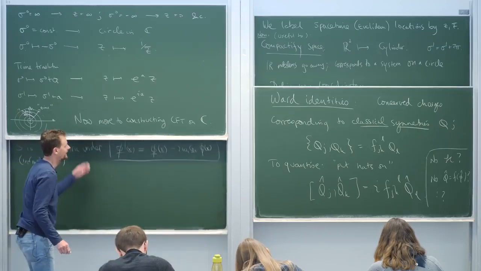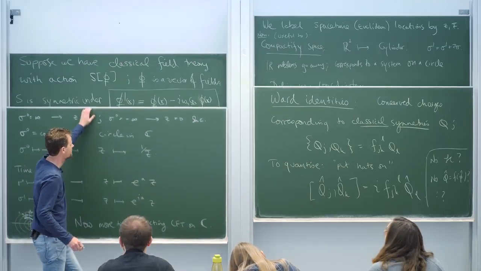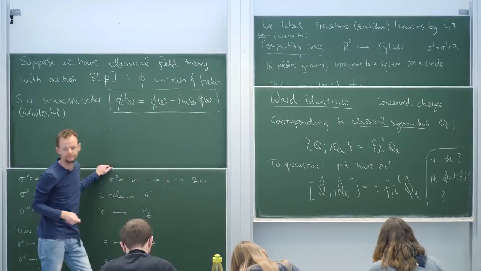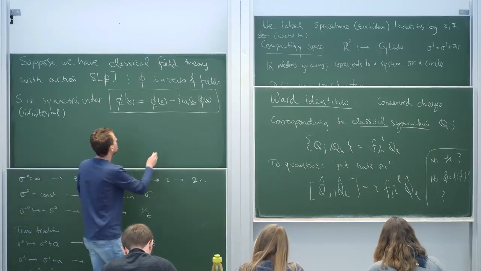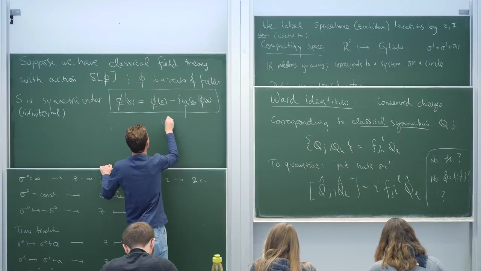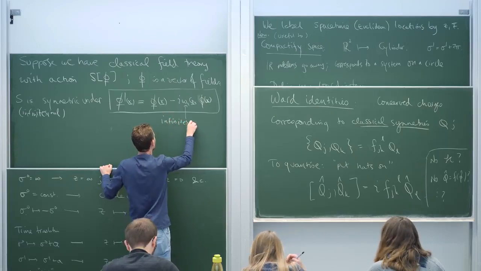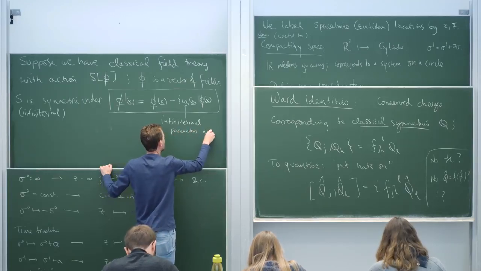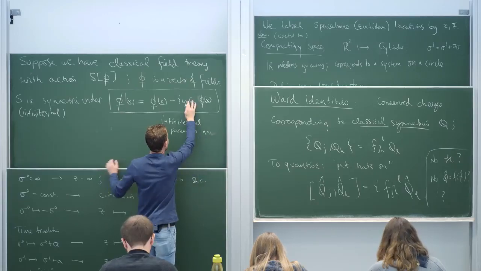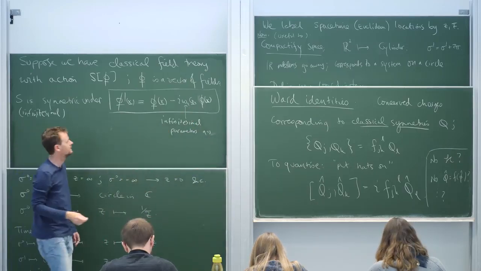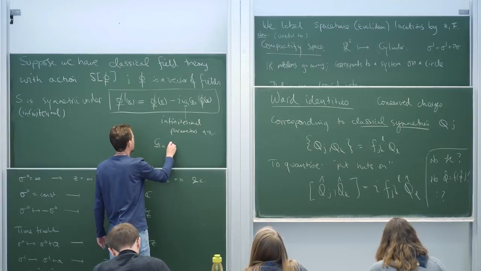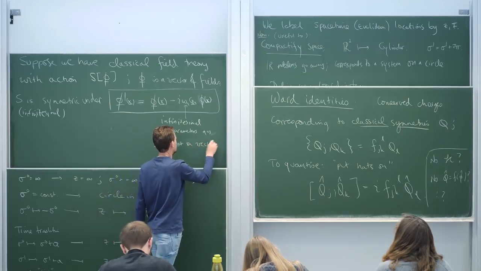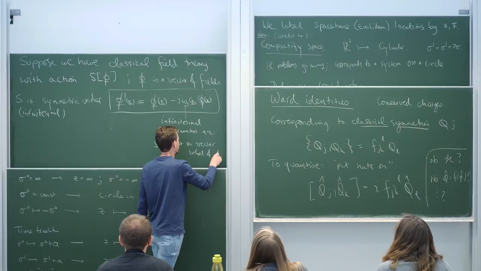To explain the notation, this space-time label is the same everywhere. So omega are a list of infinitesimal parameters, and G act on the vector label of phi.